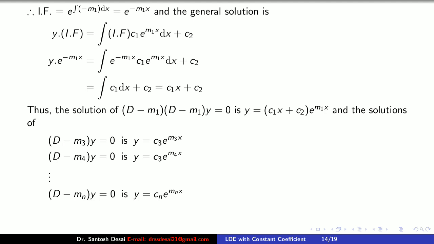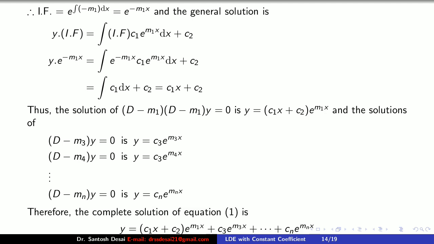Now here we know all the solutions, then the complete solution is nothing but the linear combination of these solutions. So thus the complete solution of equation 1 is y equal to (c1x plus c2) e raised to m1x plus c3 e raised to m3x plus and so on plus cn e raised to mnx.